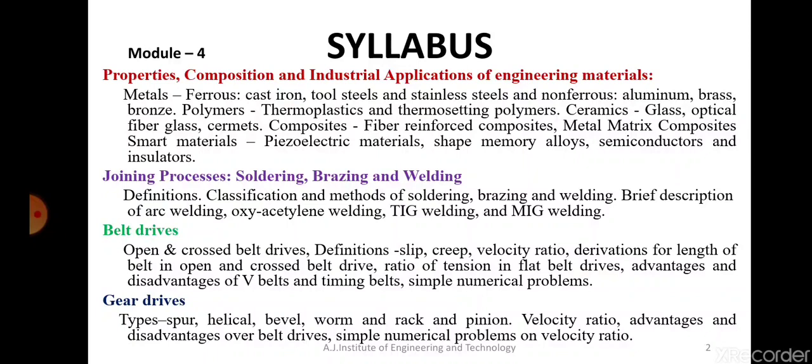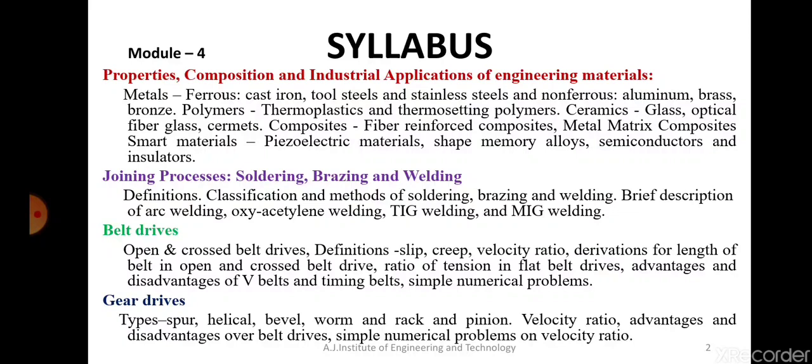Under ferrous material you will have to study what is cast iron, tool steels, stainless steels, and then in non-ferrous materials you will have to study what is aluminium, brass, bronze, their chemical compositions, their properties and their applications. So that's a major classification of metals, with ferrous and non-ferrous materials.